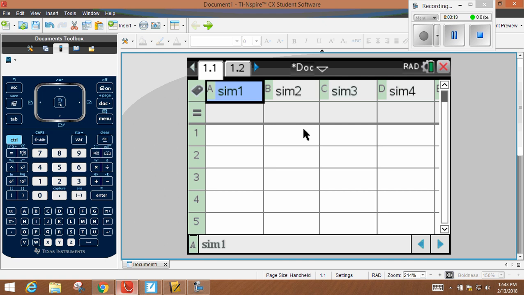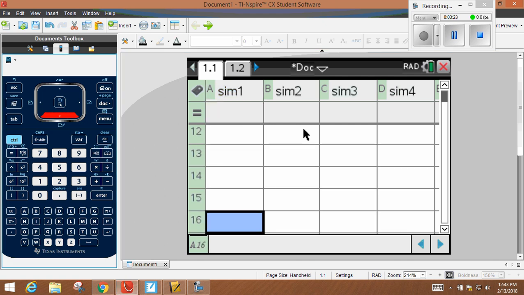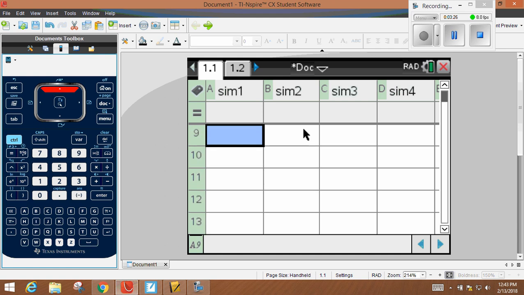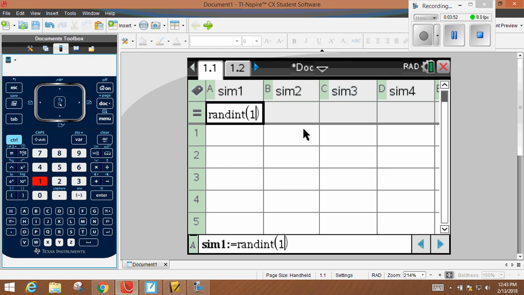The first thing I'm going to do is generate some random integers using my randInt function, and I want those to be random integers 1 or 2. And I want 124 of them.